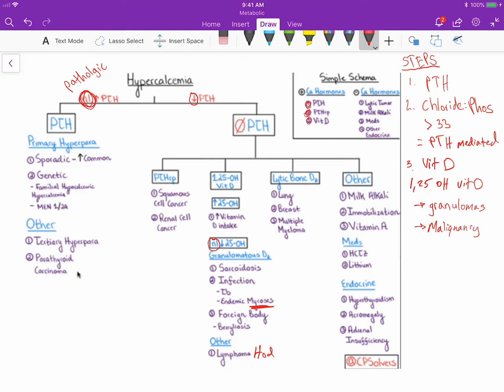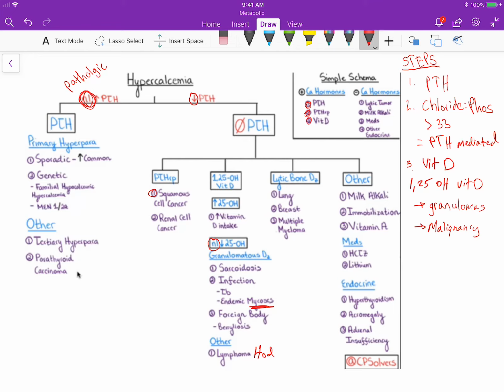And your typical association with parathyroid related peptide is by and large squamous cell carcinoma. That could be lung, could be some other skin malignancy or what have you. But typical is squamous cell carcinoma causing an increase in parathyroid-related peptide. Also think about renal cell carcinoma as well.